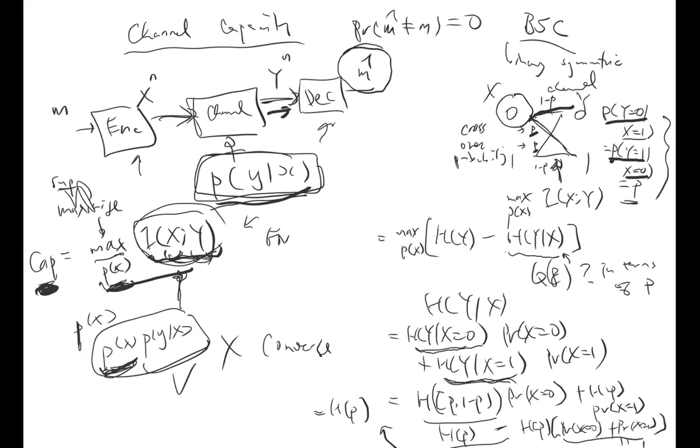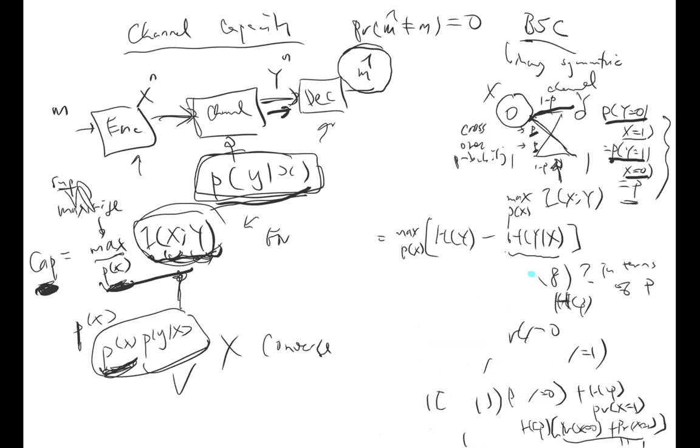Oh, and by the way, you want to use the capital H here because this is the discrete case, a binary symmetric channel. Therefore, this thing is just equal to H(p).